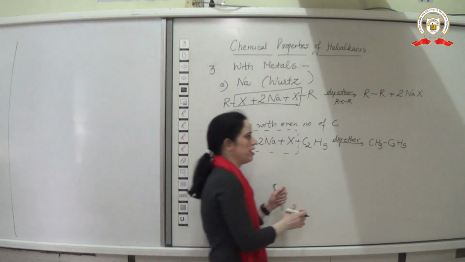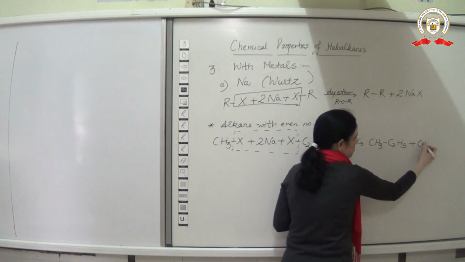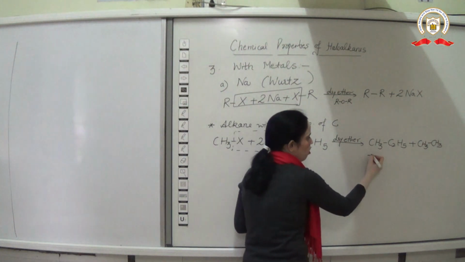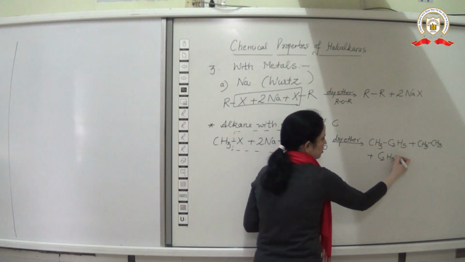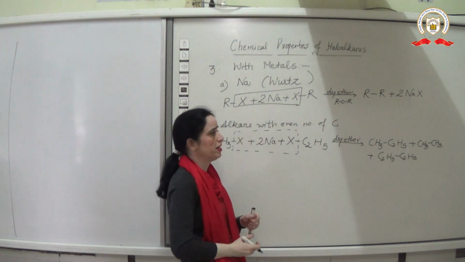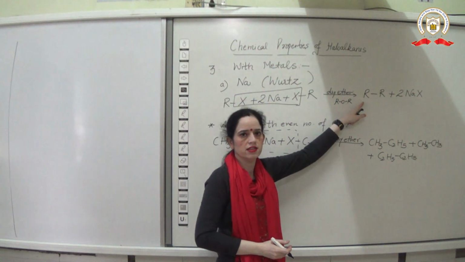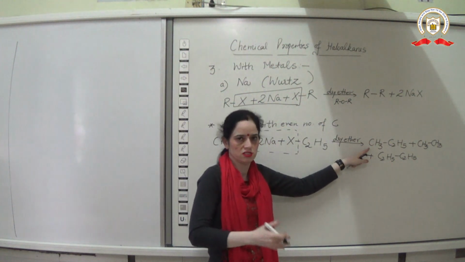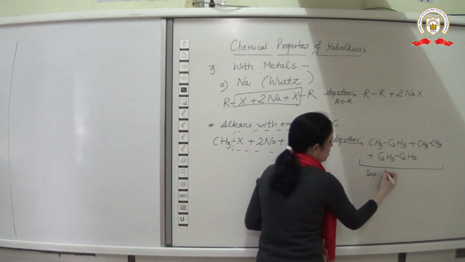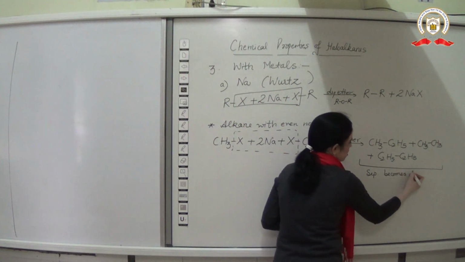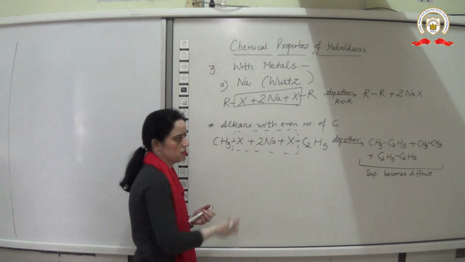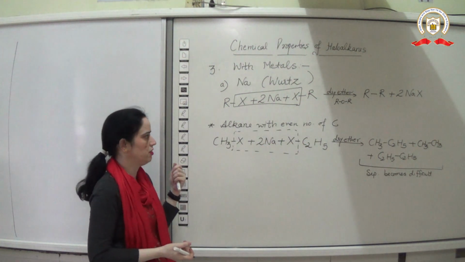So the product can be varied. It can also be CH3 bond CH3, that is ethane. It can also be C2H5 bond C2H5. So in spite of getting a single answer, we are getting a large number of products, and separation becomes difficult because all of them belong to a homologous series.